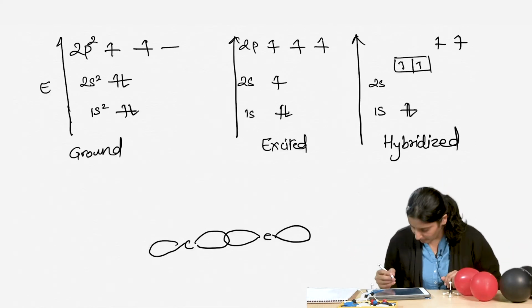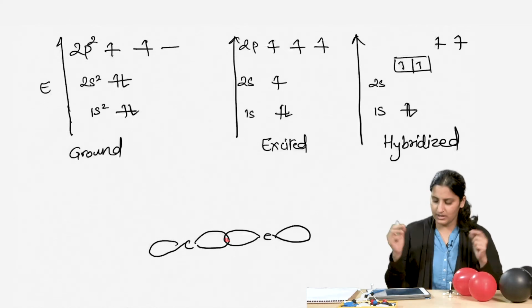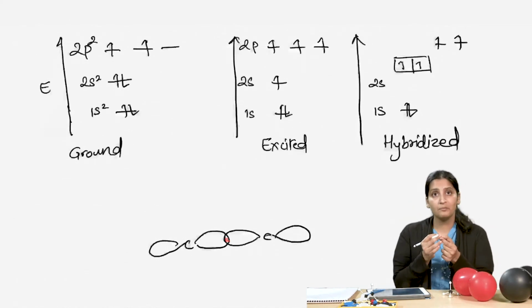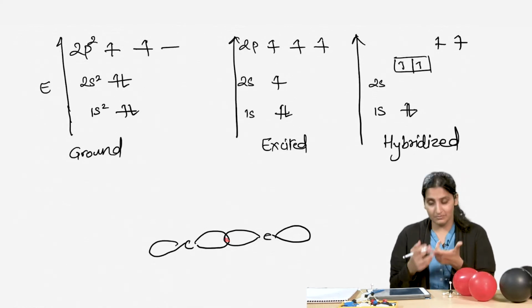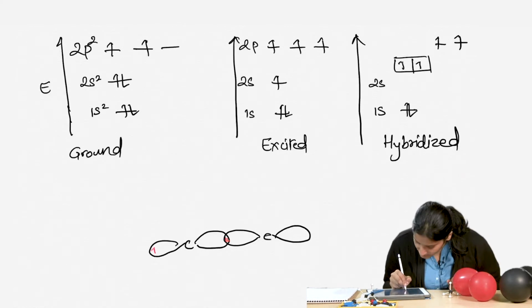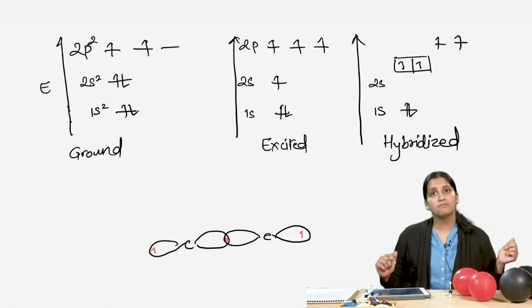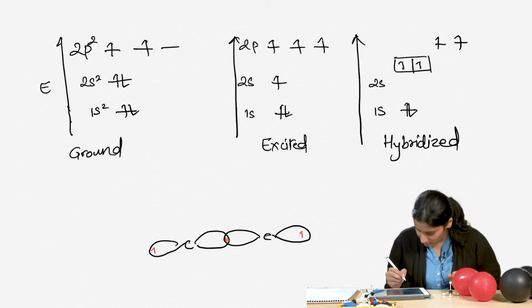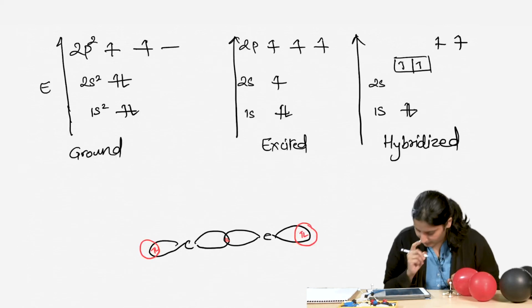So, it is a linear geometry. So, there is one electron from each of those carbons to form a bond between a carbon and carbon, that is the sigma bond, sigma covalent bond, and then it also has one electron in the other side, which are overlapped by the 1s orbital of hydrogen. So, what I have here is hydrogen will overlap this to form a bond between carbon and hydrogen.